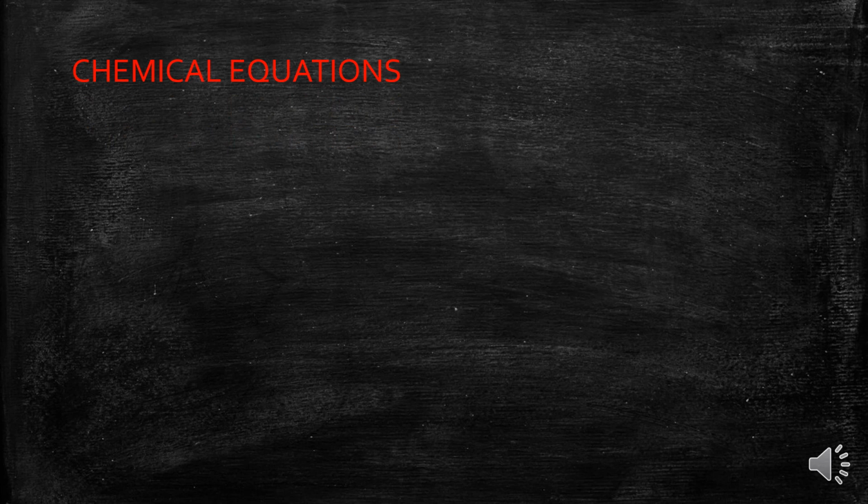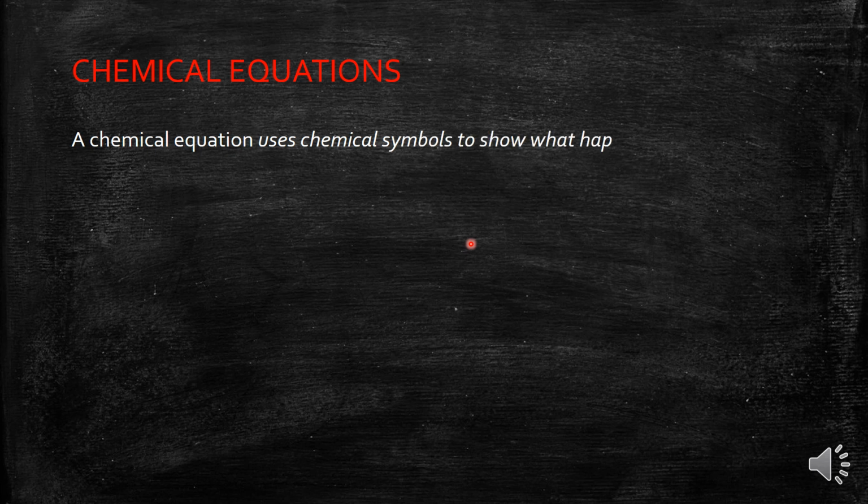Chemical equations. In this section, we will learn how to write chemical equations and balance them. A chemical equation uses chemical symbols to show what happened during a chemical reaction.